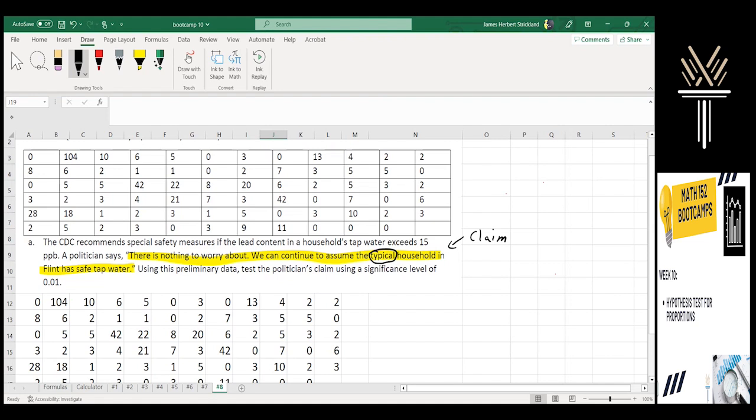When you think of the word typical, what are some good synonyms for typical? Especially from a mathematical perspective.